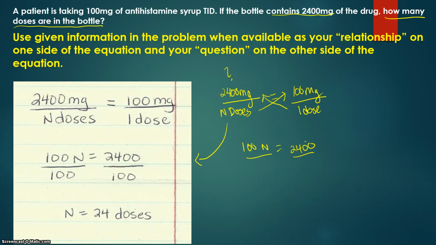What is our next step? Our next step is to divide by whatever number is with the letter. We have 100. Whatever we do to the left, we do to the right. So n is equivalent to 2,400 divided by 100, which is 24.